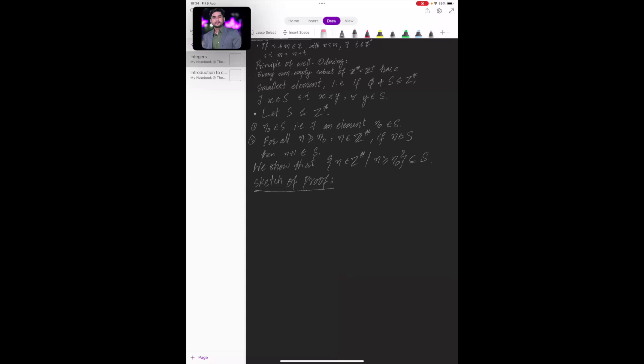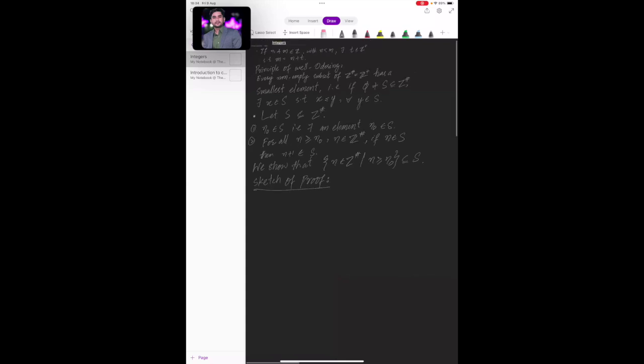Let's consider that T denotes the set of n belonging to the positive integers, given that n is greater than or equal to n naught.